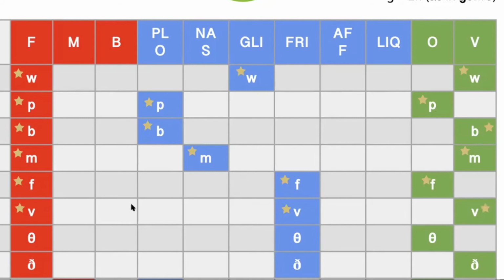So f and v, same place, same manner, different voicing. Voiceless th is a front phoneme, it's a fricative, and it's voiceless. Voiced th is a front phoneme, it's a fricative, and it's voiced. So the two th sounds, same place, same manner, different voicing.